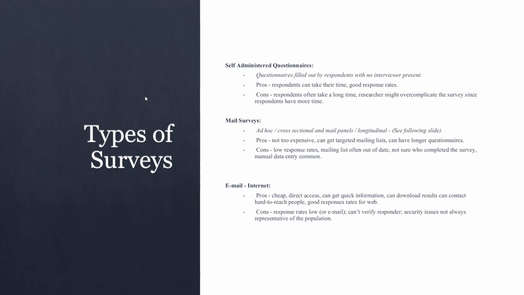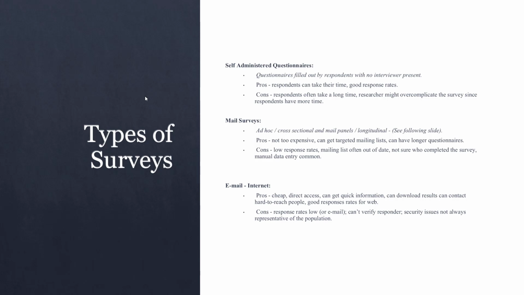And researchers might make it too long. Researchers might overcomplicate the survey since respondents have more time, meaning that researchers think they have more time, and sometimes we make the questions more complicated in the sense that we probably ask too many questions.